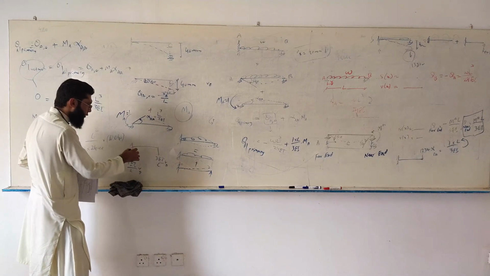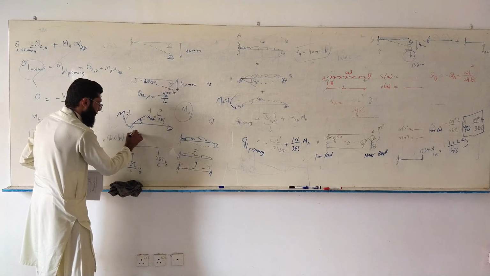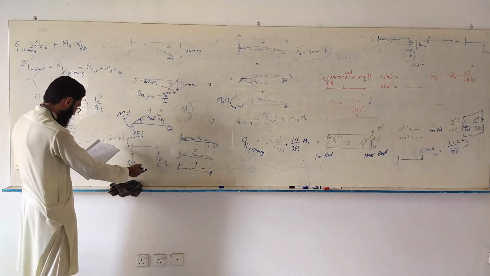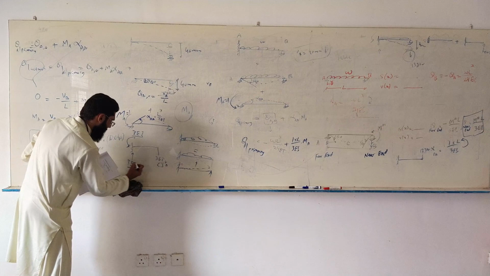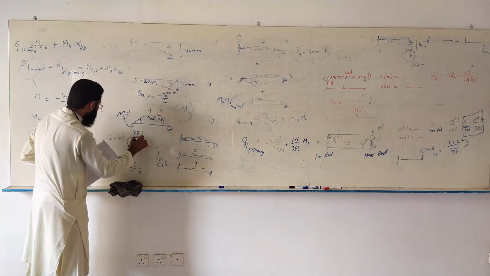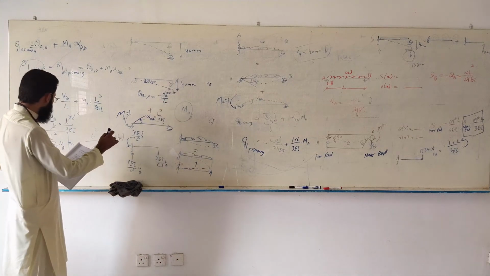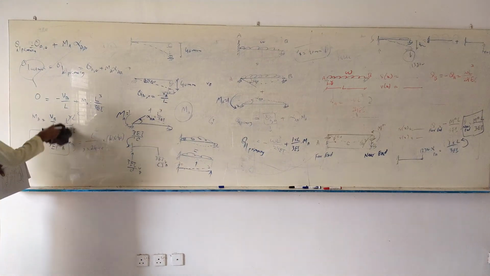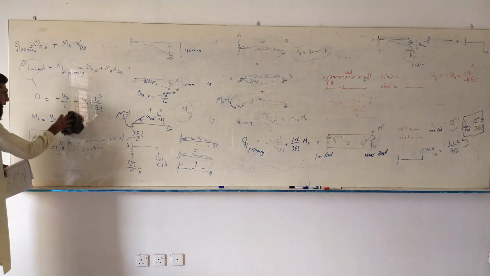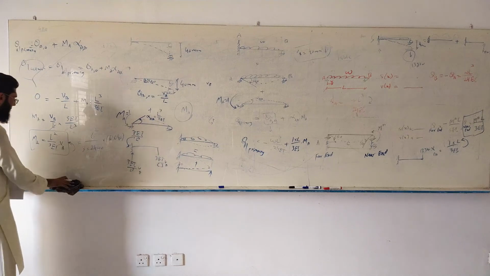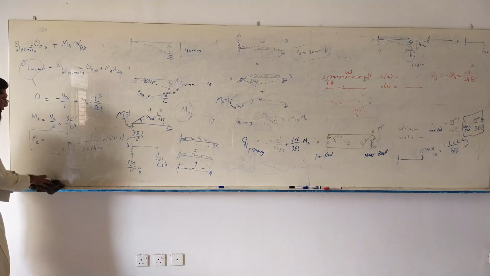And this moment I told you should be 3EI over L squared. Did I get anything wrong? Yes, sir, actually I didn't invert this. I was supposed to invert this: 3EI over L cube.